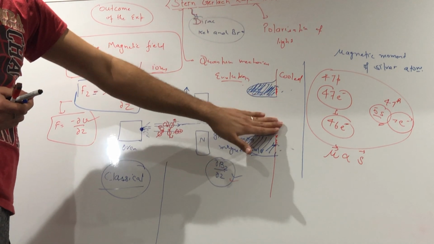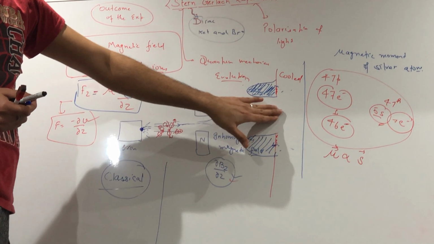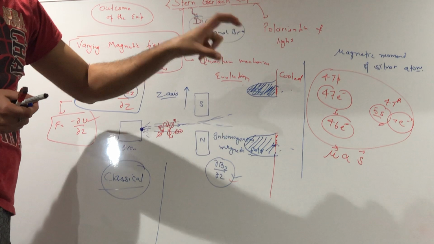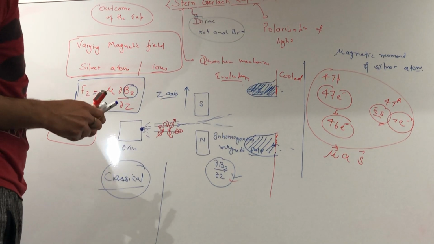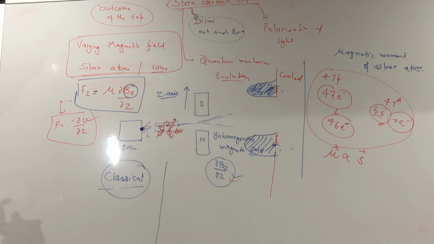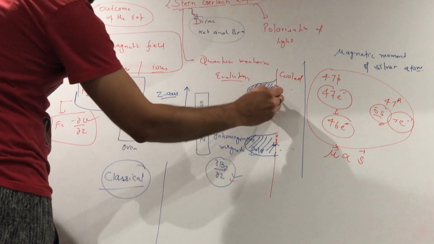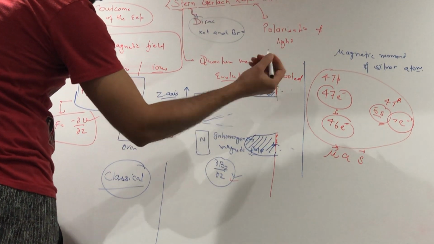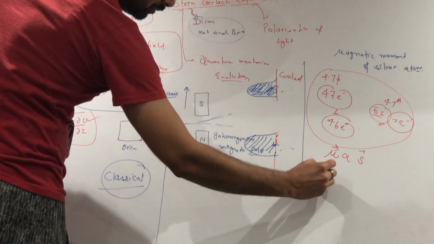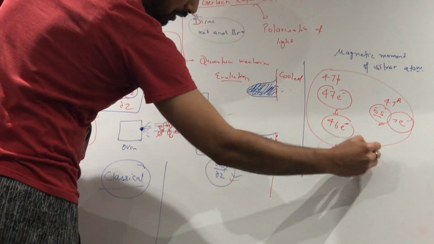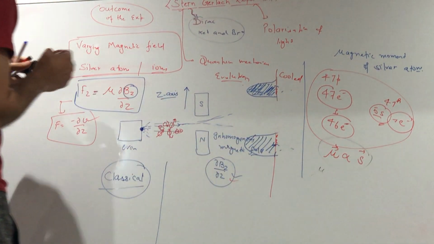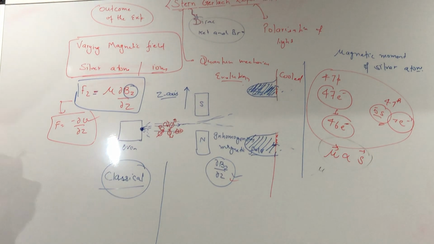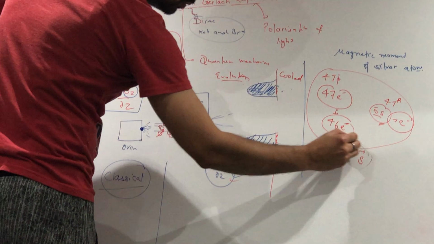That means there is a discreteness in the magnetic moment of the electron. Because the magnetic moment is directly proportional to the spin of the electron, there is a discreteness in the spin states of the electron.